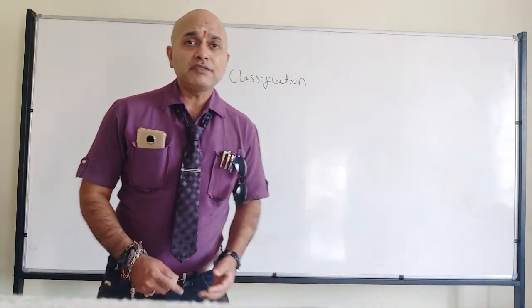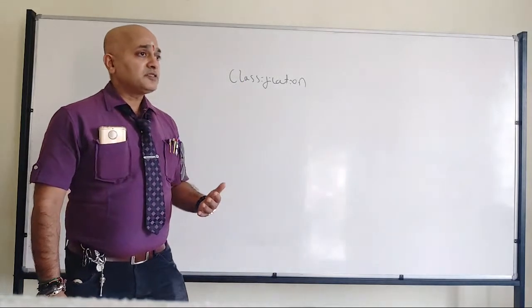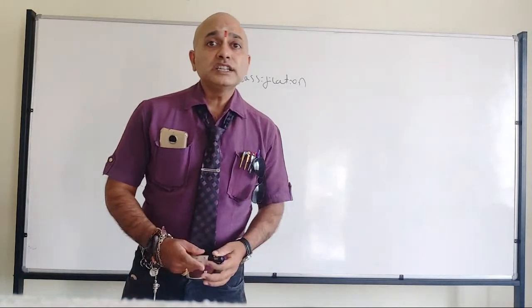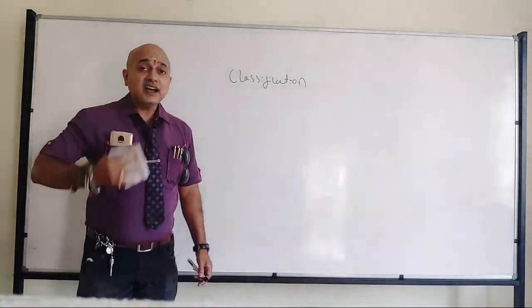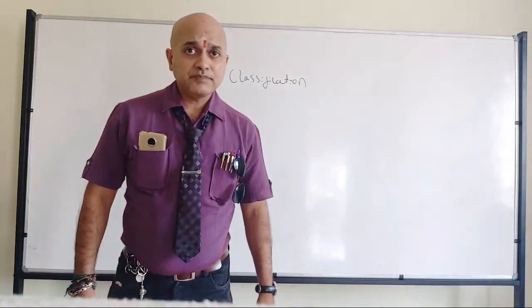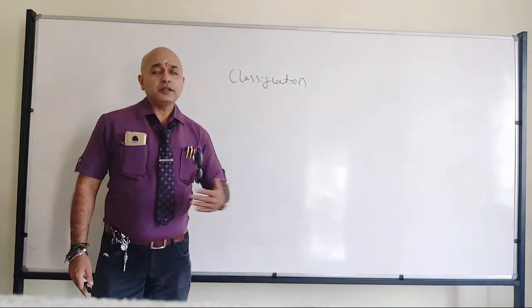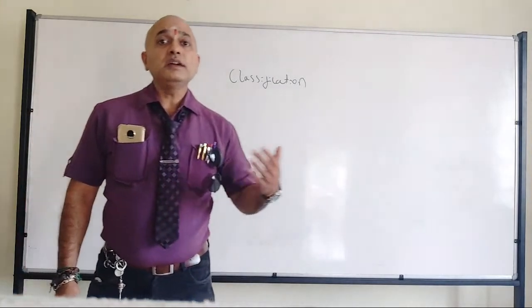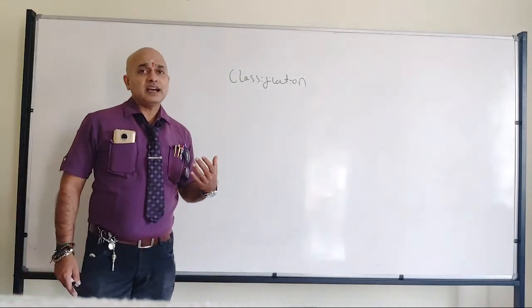Then what else have we discussed? We have discussed based on the shape, right? With respect to shape or structure, we have discussed linear, branched and cross-linked polymers. When it comes to linear, cellulose, a natural polymer, can be an example, PVC can be an example, Teflon can be an example.